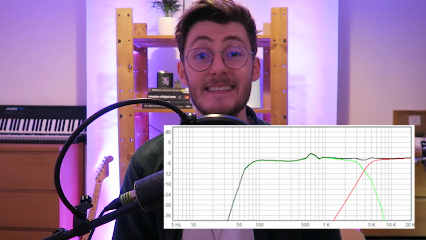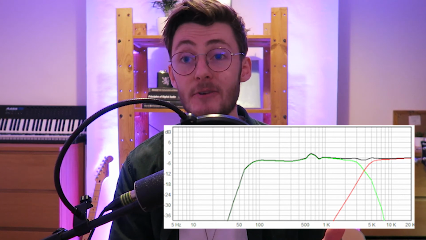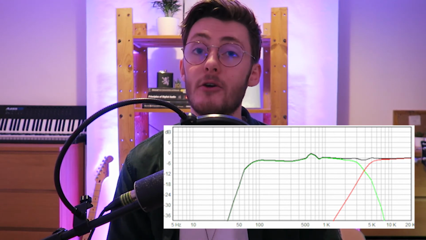Another issue with two-way systems is that the crossover frequency in a lot of systems is set around 1K to 3K, which is quite a critical section of the audio spectrum, as it's where information such as vocals usually sits. Crossovers tend to create some form of phase distortion, which in a critical area such as the frequencies mentioned isn't really ideal. With a three-way system, the crossover frequencies are separated away, meaning this crucial area is less affected.